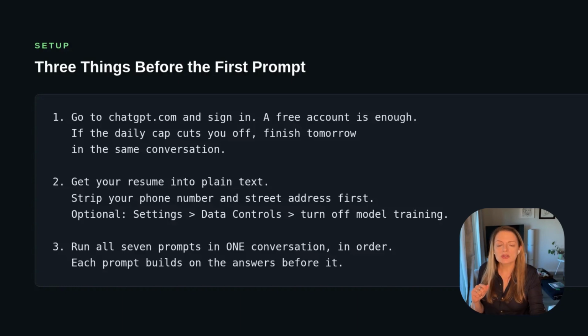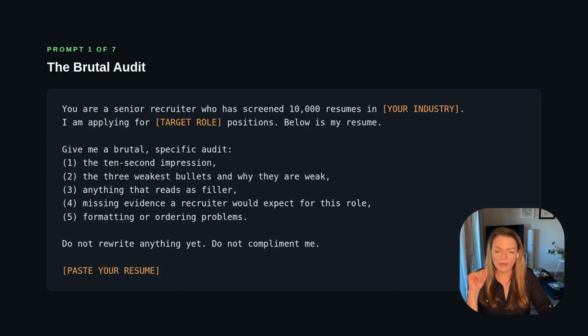Okay. So 3, run all 7 prompts in one single conversation, in order. Each prompt will build on the answers before it, so do not open a fresh chat halfway through. Here's your prompt number 1. You prompt that and you paste your resume. The phrase "do not rewrite anything yet" is very important.